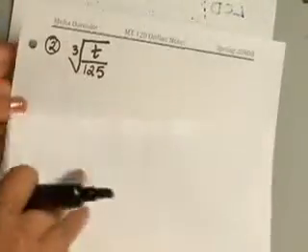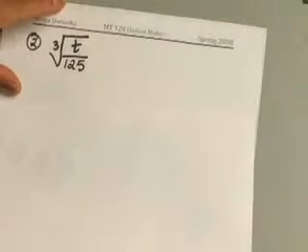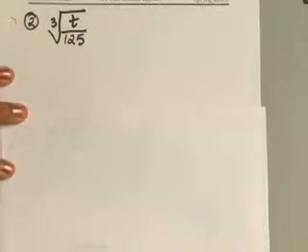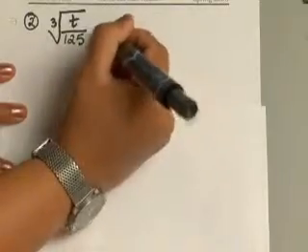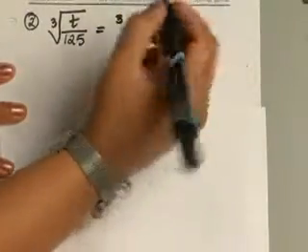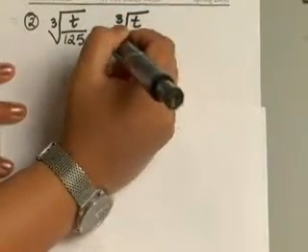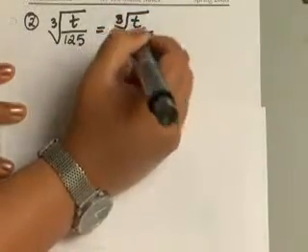Let's look at a couple more examples here. Now here you have cube root of t over 125. Okay, so again we will use our quotient rule to go ahead and split our numerator and denominator, so you should end up with cube root of t over cube root of 125.